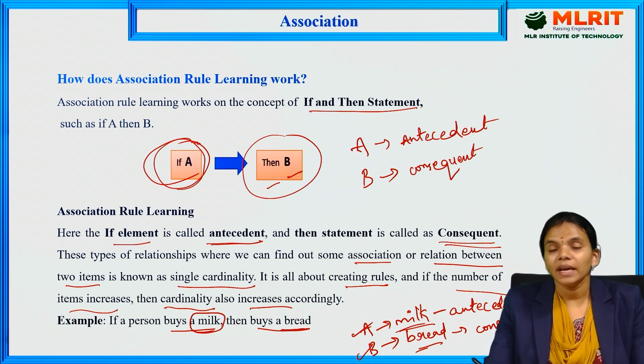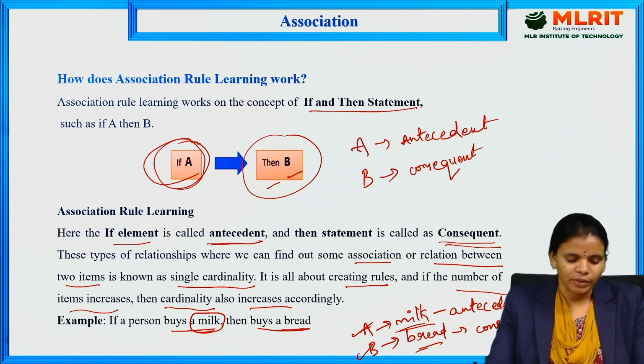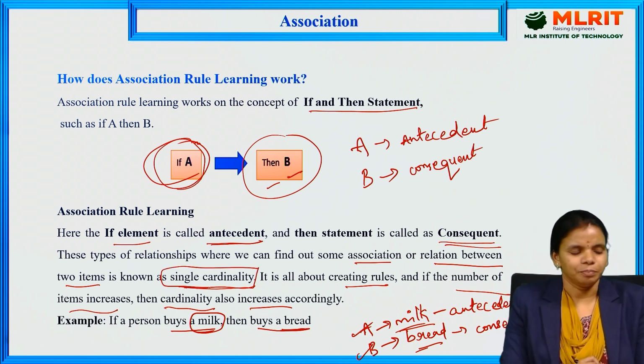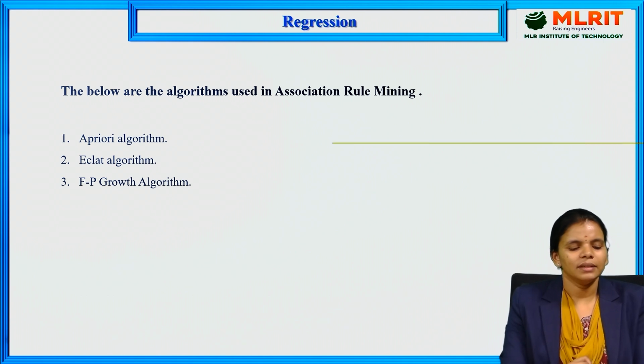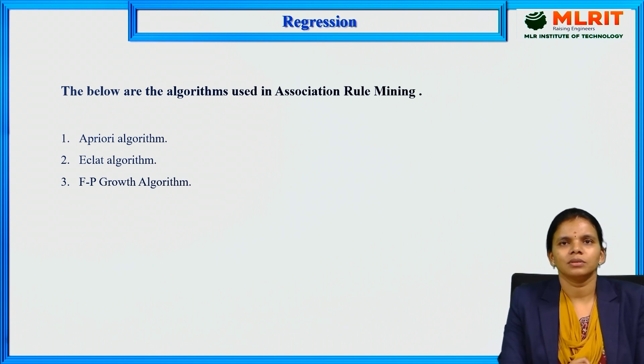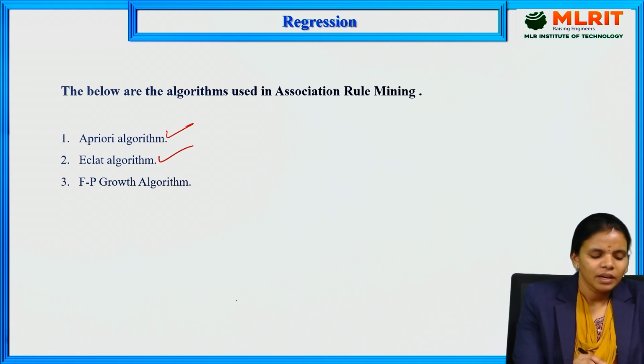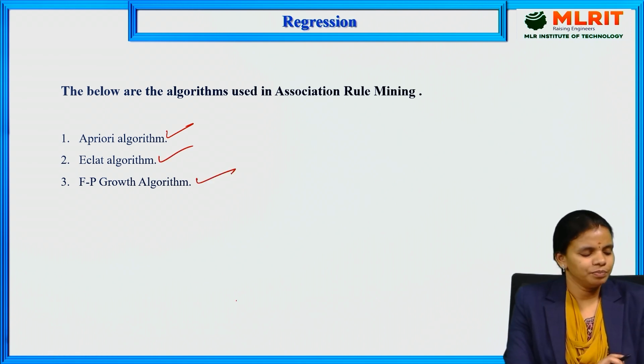So this is what antecedent and consequent are. This relationship is called single cardinality. And these are the algorithms we can use in association rule mining: the first one is the Apriori algorithm, ECLAT algorithm and FP growth algorithm.